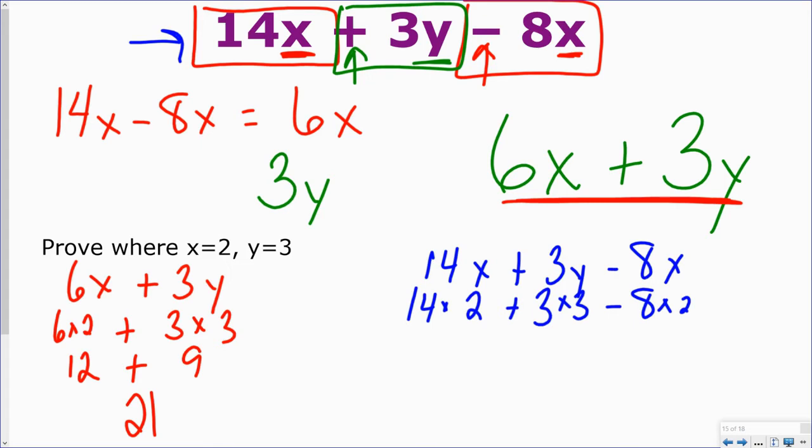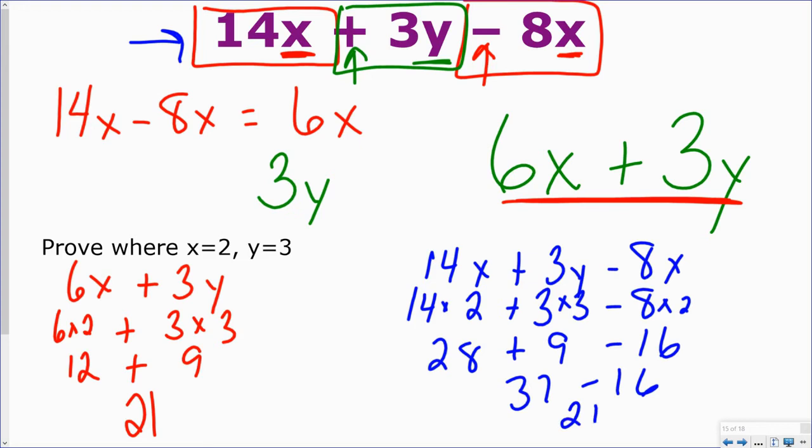Well, 14 times 2 is 28 plus 9 minus 16. This gives me a total of 37 minus 16, and 37 minus 16 is 21. And we're going to notice that this 21 and this 21 are the same. So that means that these two equations are exactly the same. They are equivalent.